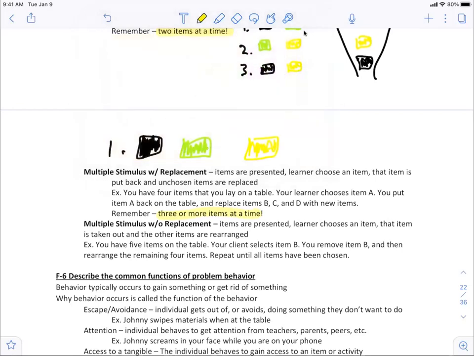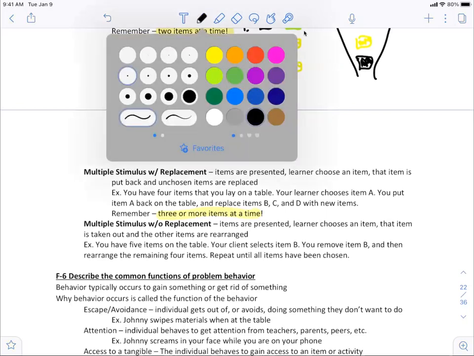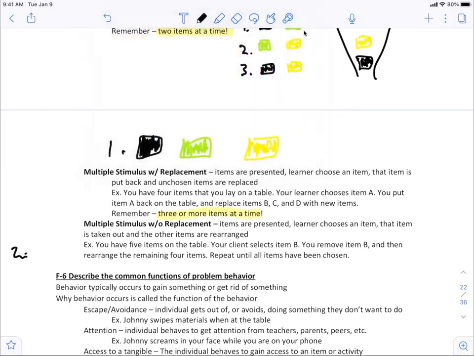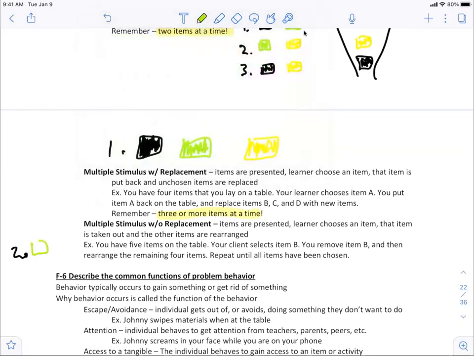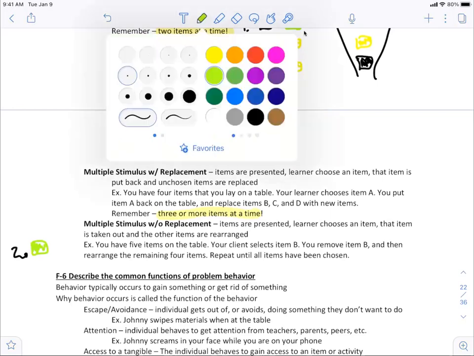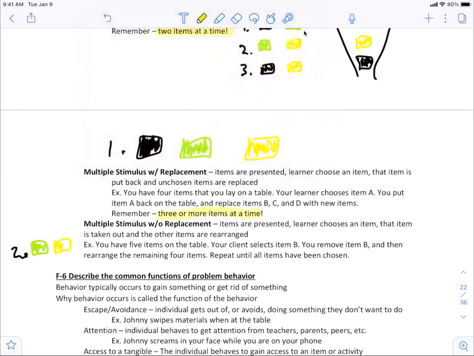The biggest difference here is if we are doing multiple stimulus without replacement, okay, and our client chooses the black square. This is what our second trial would look like with multiple stimulus without. We would take out the black square, and we would just have this left. Okay, this is multiple stimulus without replacement.